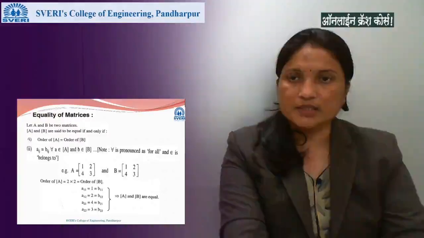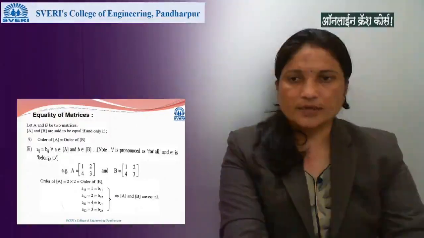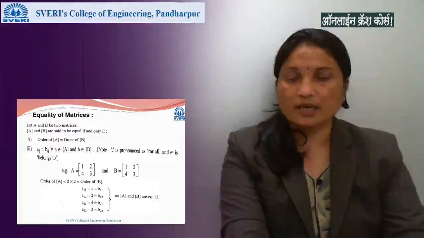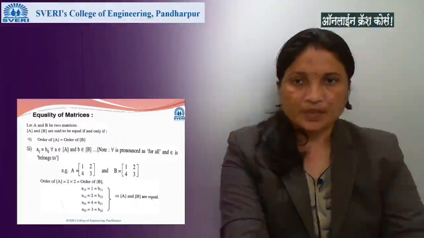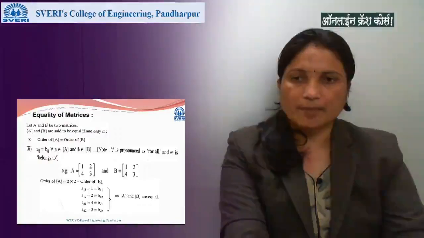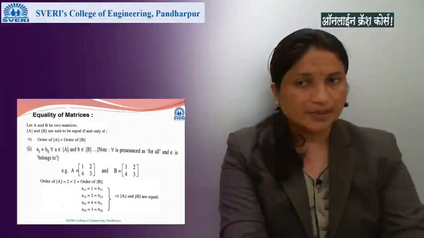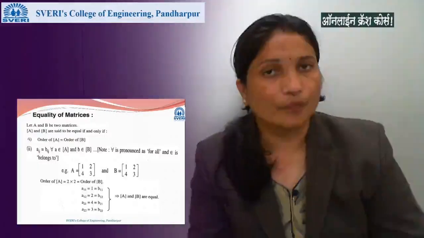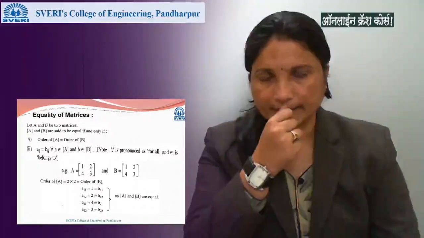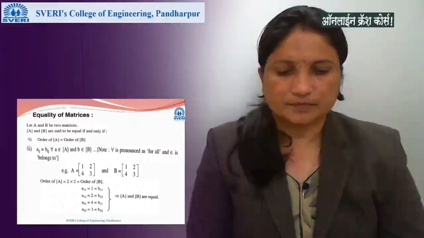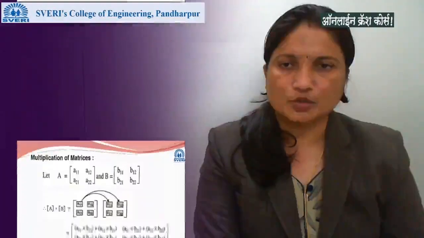And what is the second condition? Aij is equal to Bij for all elements of matrix A and matrix B. So if matrix A has elements 1, 2, 4, 3 and matrix B has elements 1, 2, 4, 3, then they are equal. So here order and elements should be the same.